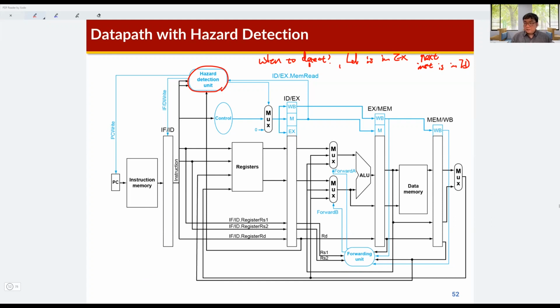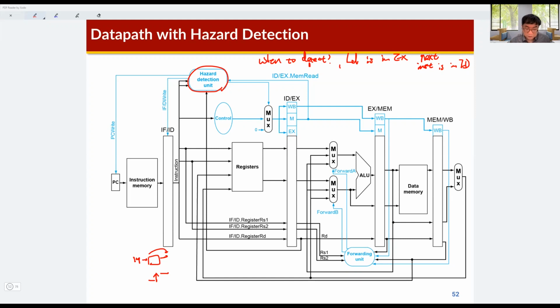Actually, I said that pipeline registers are D flip-flops, and the operation of a D flip-flop means that at the rising edge of the clock, this input signal is updated to the output signal. And if we just disable this update, then we can stall pipelines.